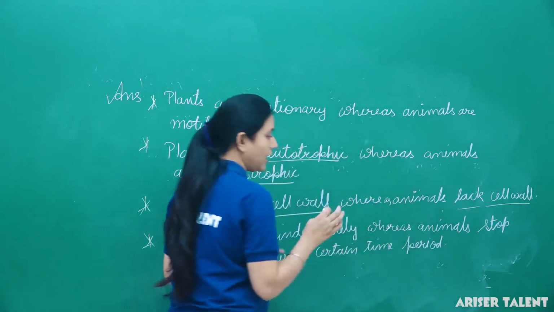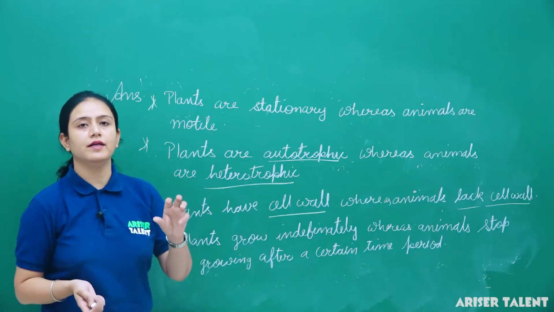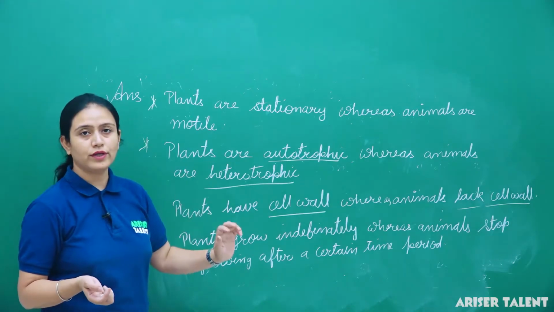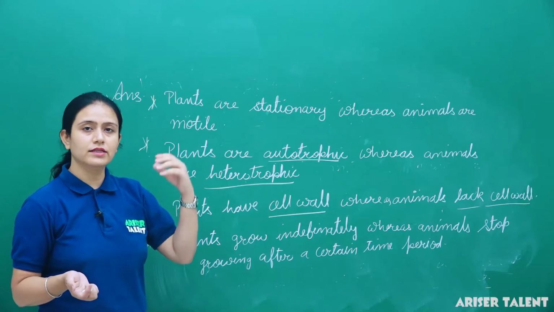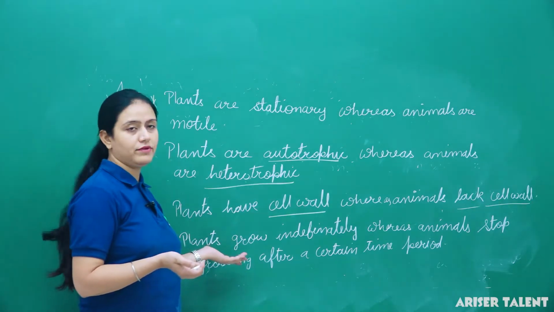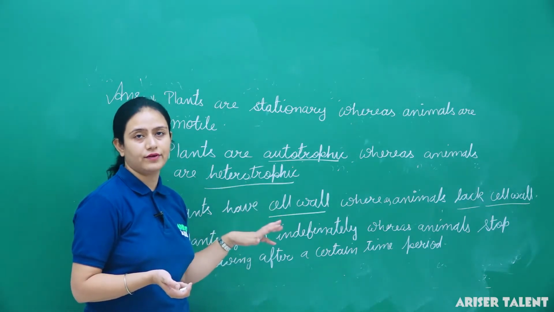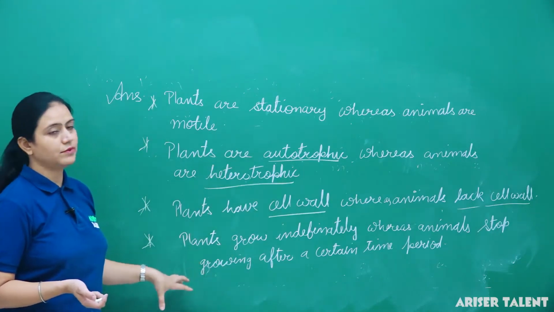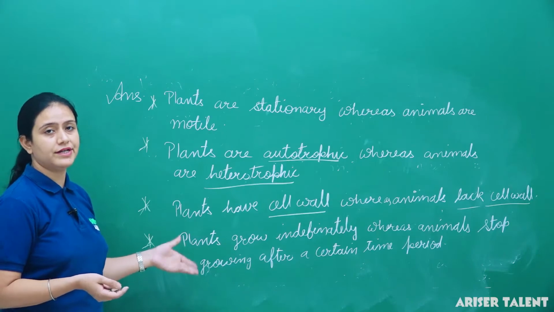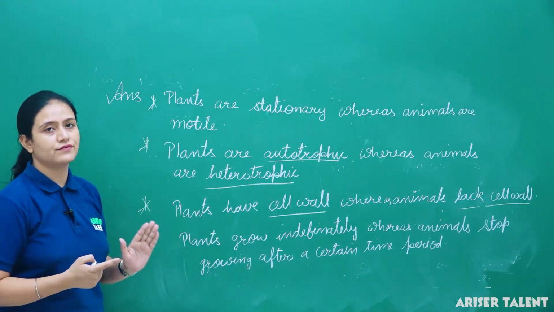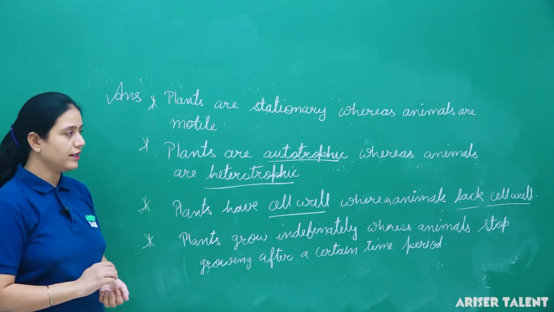After a certain time period, the body stops growing. Once they take a particular shape, a particular length, they stop growing. But it doesn't happen with plants. Plants grow indefinitely. So these were the dissimilarities. On the basis of these features, plants and animals are classified into different groups. Clear?